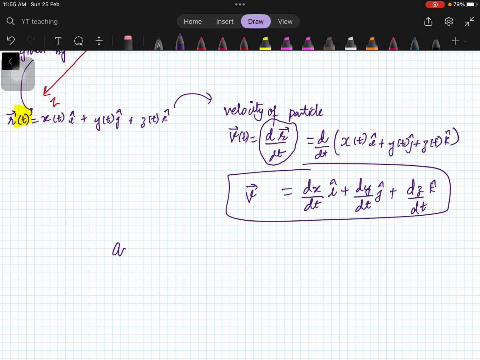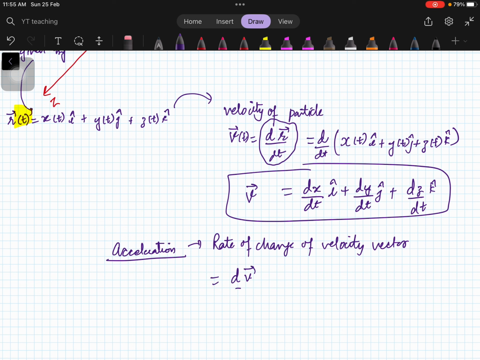And then what about the acceleration? For acceleration also, we know that acceleration is rate of change of velocity. So this is the rate of change of the velocity vector. If I ask you whether acceleration is a scalar quantity or a vector quantity, you know that this is a vector quantity. So that is given by dv by dt, where v is my velocity vector.